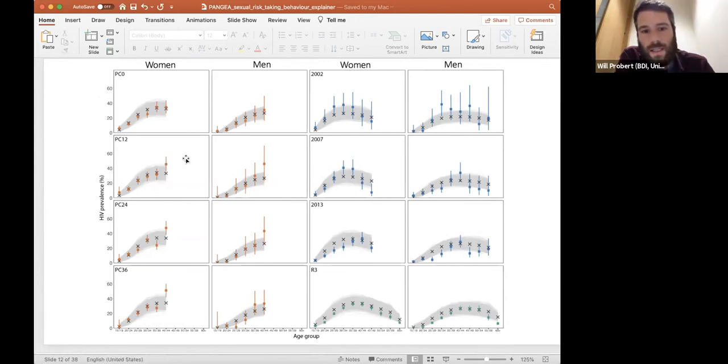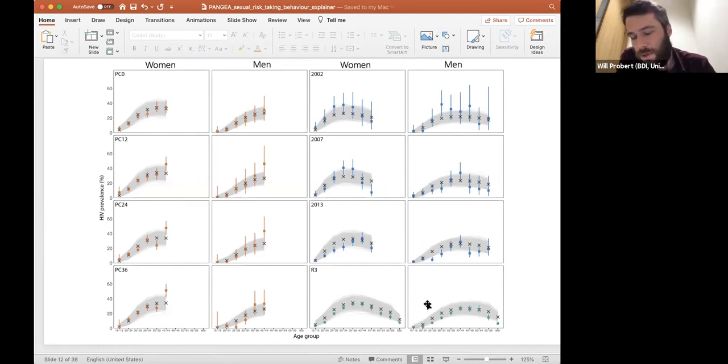Shown in the rows is data fitted by age and sex. This is prevalence data. It first shows prevalence in women, then men, then women and men. Shown in orangey brown is the data from the population cohort. Blue is data from the demographic and health surveys from 3 different years.